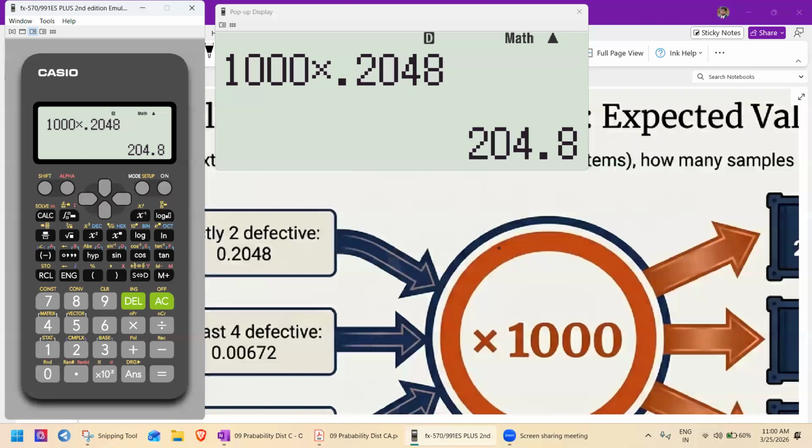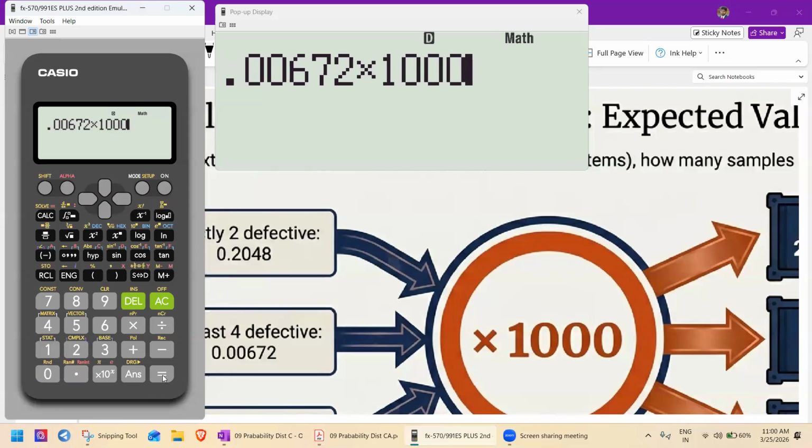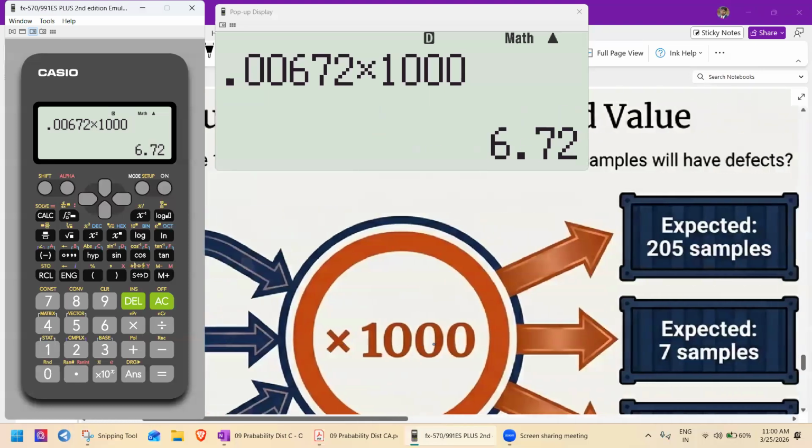So to get at least 4 defective items out of 1,000 trials, we already know the probability of getting at least 4 or 5 items is 0.00672, into 1,000 repetitions, and it equals 6.72.